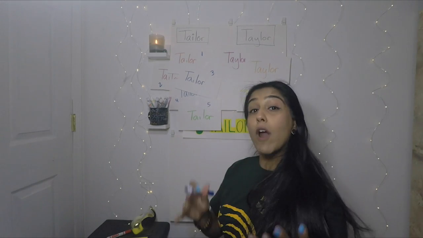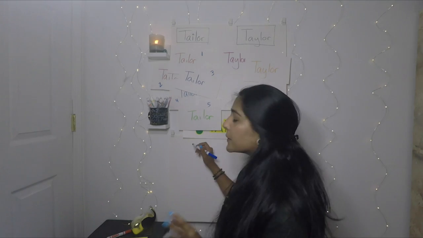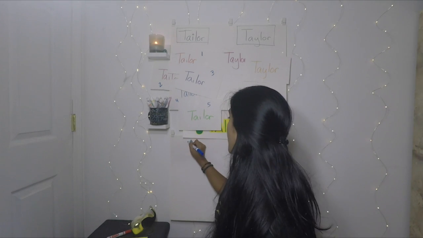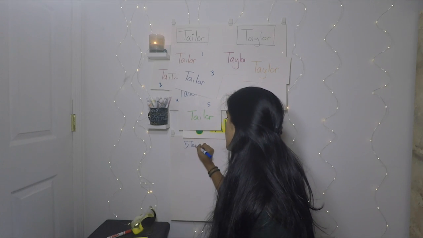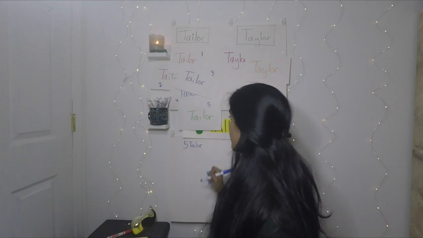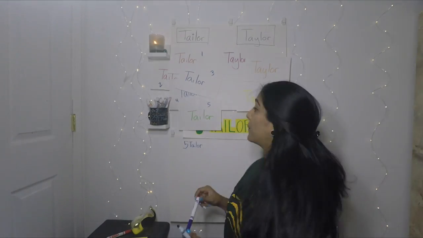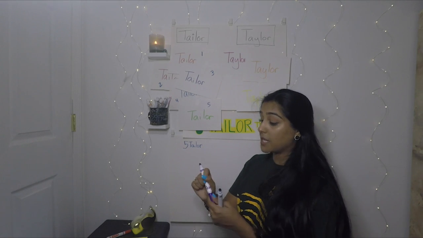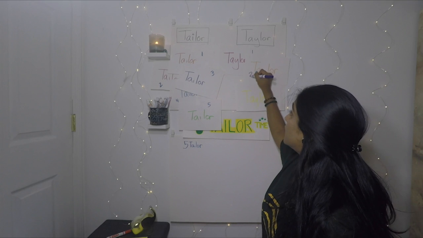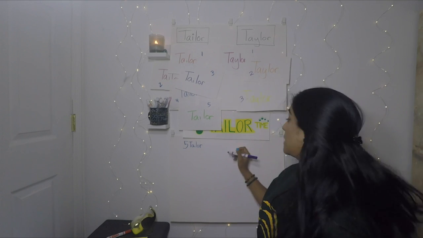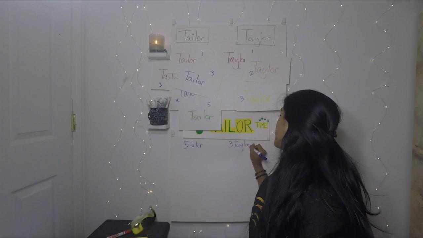So when we write this, I know it's a lot of variables put together and it looks a little silly, but just bear with me, all right? We've got 5 Tailors. Okay, now I'm going to use purple for Tailor with a Y. How many Tailor with the Ys do we have? Awesome. And we have 3 Tailors with a Y.